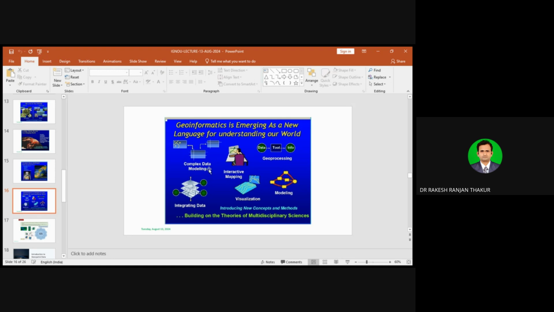Then there is information, and that information is processed through a tool like GIS software. Then we are going to have the information, then we can do a lot of modeling. Then we can visualize that information. Then in the integration part we can integrate different data.